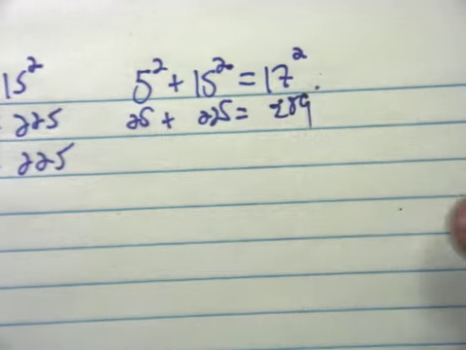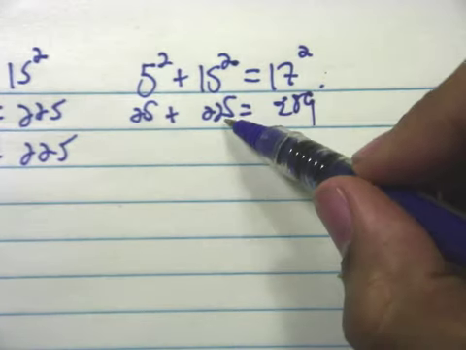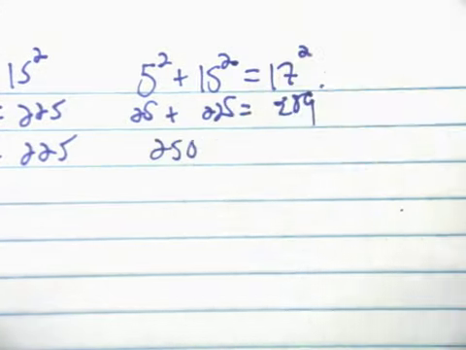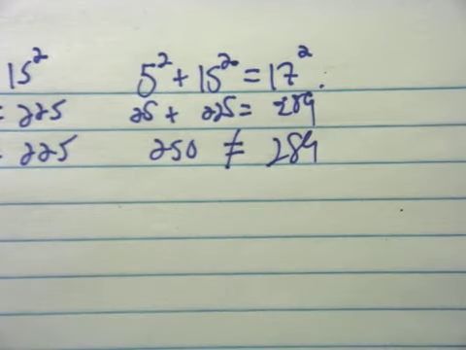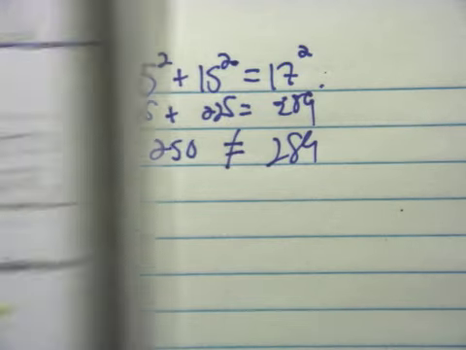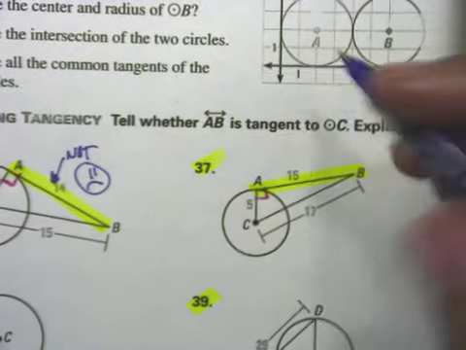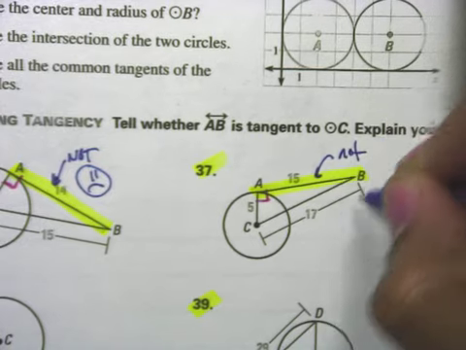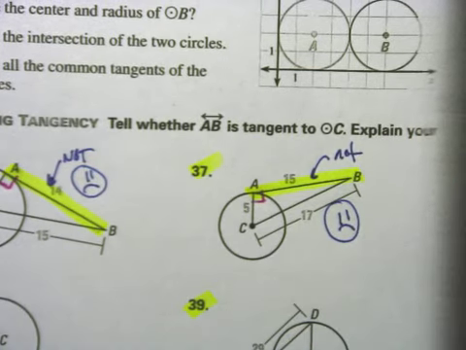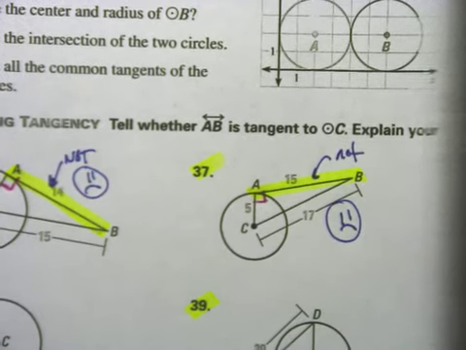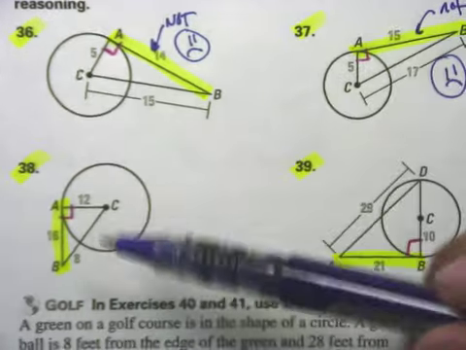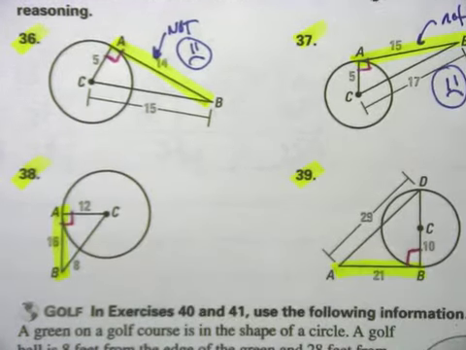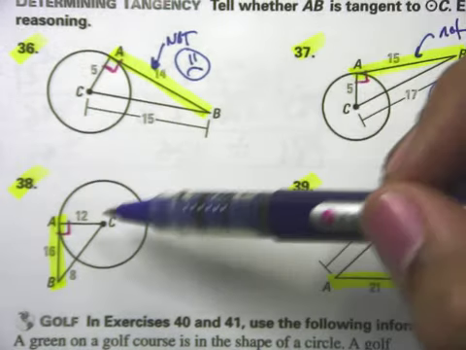Well, 5 squared is 25, 15 squared is 225, and 17 squared is 289. 25 plus 225 is 250, and we can see that 250 is not equal to 289. They're not equal, so the Pythagorean theorem does not work. So line AB is not tangent. It does not work either.